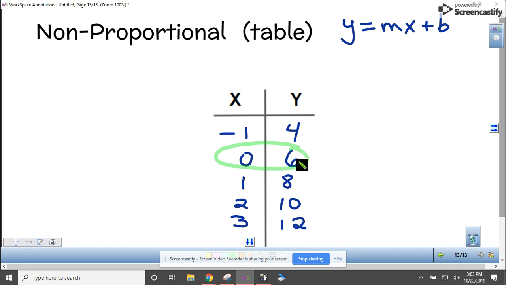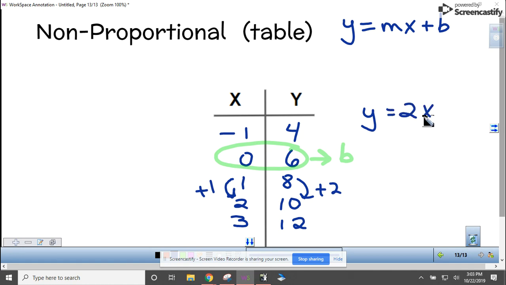That means our y-intercept is 6. That's our b. To find our slope, or the m, I do my change in y, which is plus 2, over my change in x, which is plus 1. I write that as 2 over 1, which is 2. So my equation would be y equals 2x plus 6.